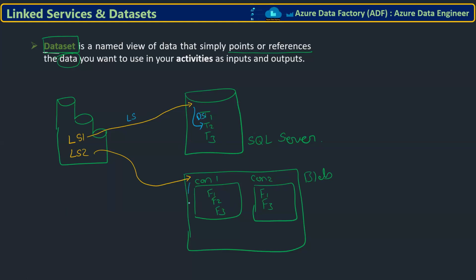If you want to read the file, dataset is there. As the name implies, dataset is pointing to the data ultimately. But for the dataset, the linked service is the background. With the linked service, it reaches that storage account.